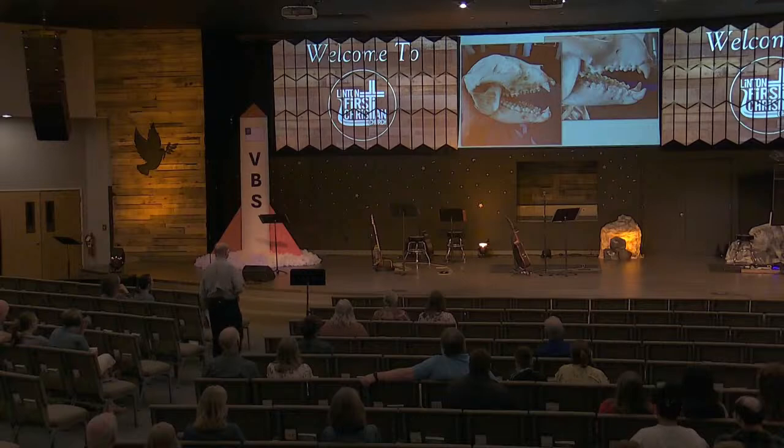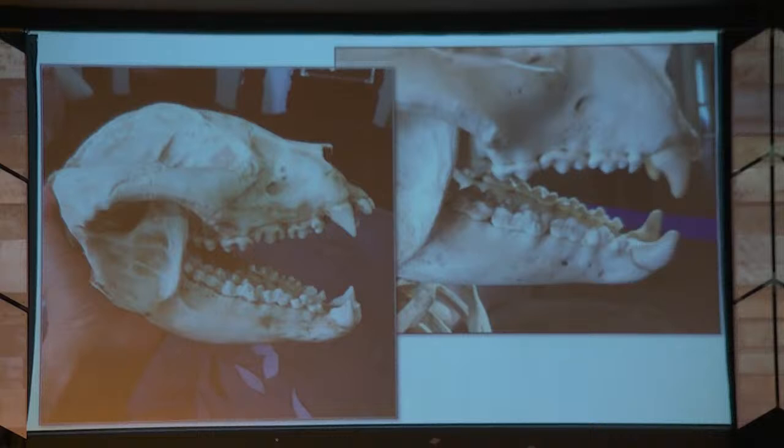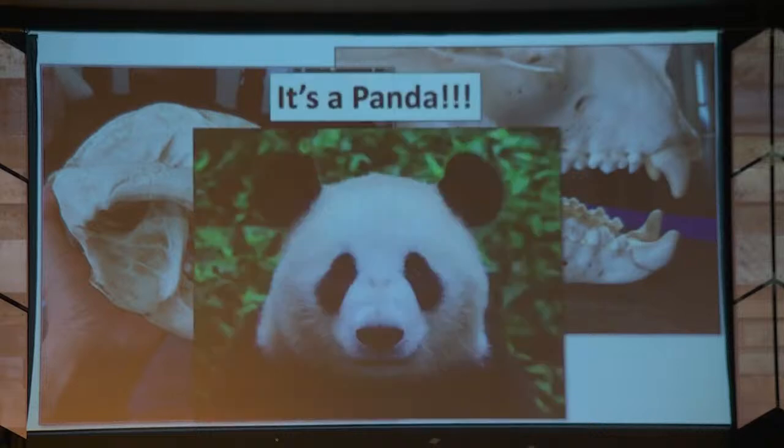Here's one for you. This is a skull of something. So if you were just not thinking about it too hard, what would you say about that? Yeah, it looks like a carnivore. It's got those big old sharp teeth up front. I wouldn't want to meet that thing in a dark alley. But really, it's a panda.